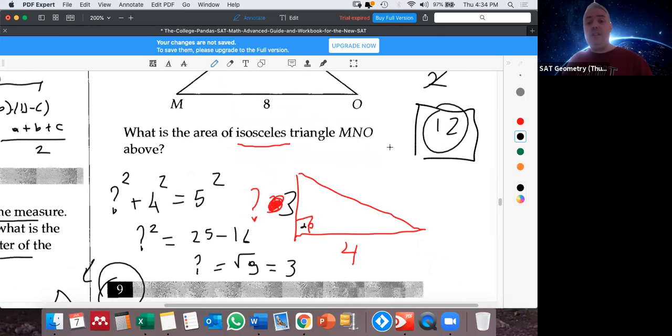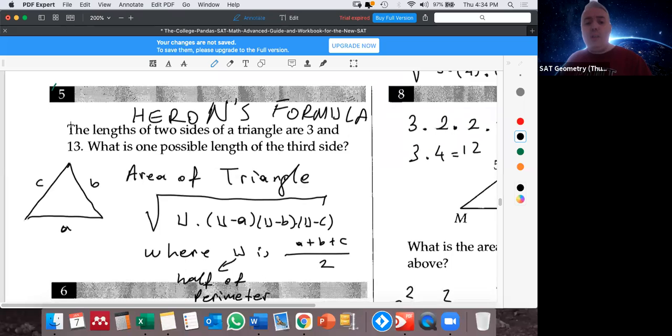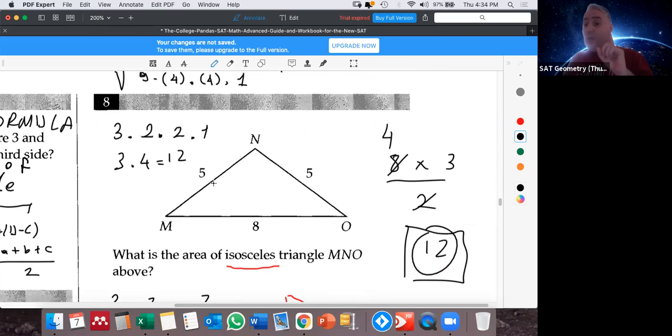Be careful. This is for all kinds of triangle. Area of all kinds of triangle. With this solution, if you have an equilateral triangle or an isosceles triangle, you can use it. Even for isosceles, even for equilateral, it is always this.